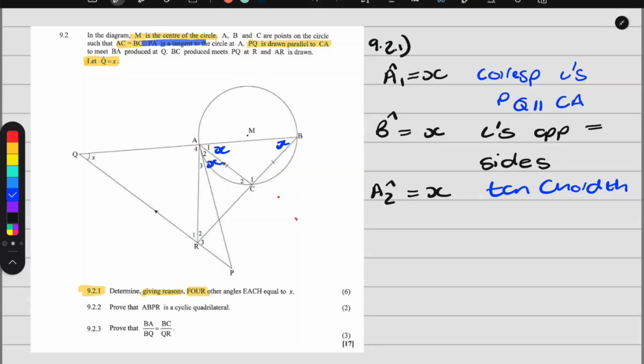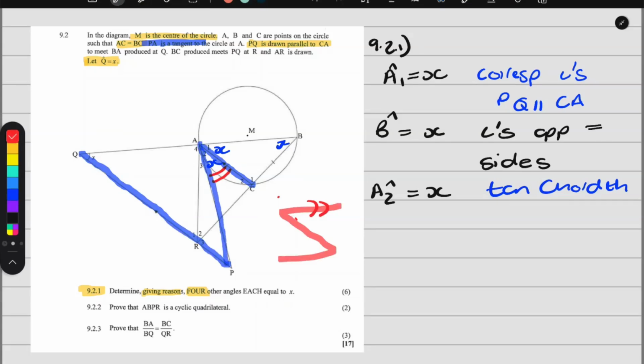So far we have 3 angles. We need one more angle that's also equal to angle x. Do you see here where A2 is? Because that was the last angle we worked out. A2 is by this line. And that line is parallel to this line. Do you see the Z here? If this is parallel to this, then this angle is equal to that angle.